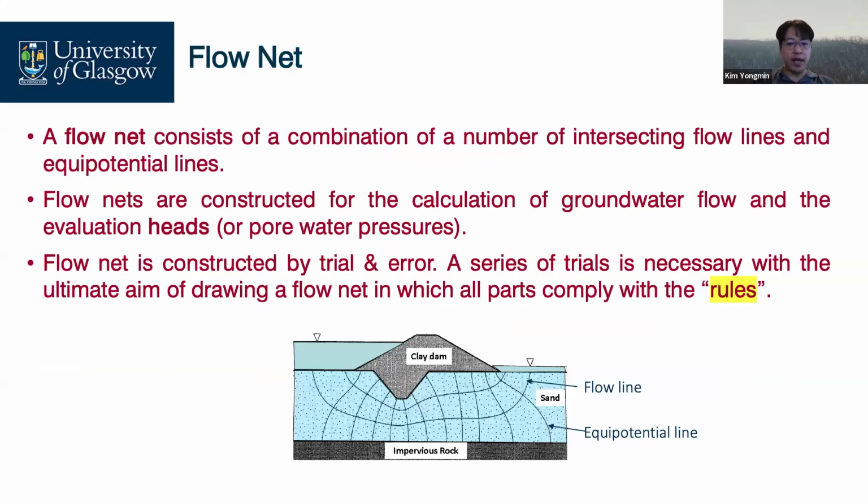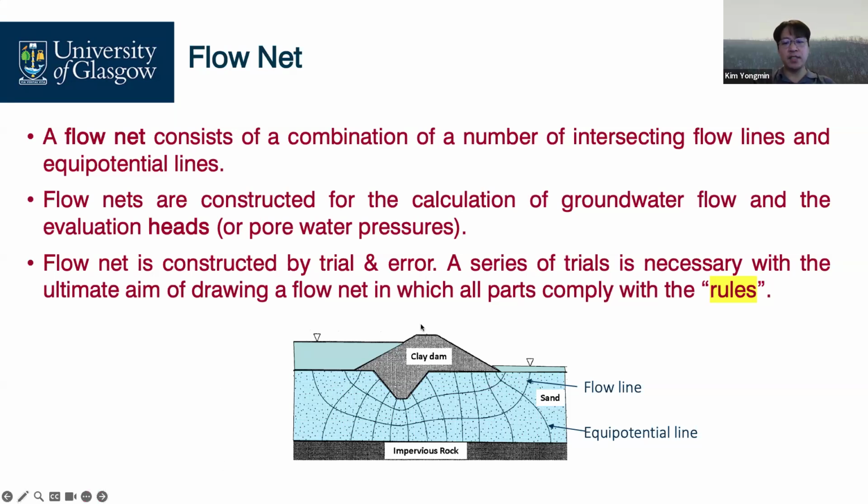Let's take a look at the flow net. This flow net is basically comprised of the combination of a number of flow lines and a number of equipotential lines, to calculate total head and water pressures.